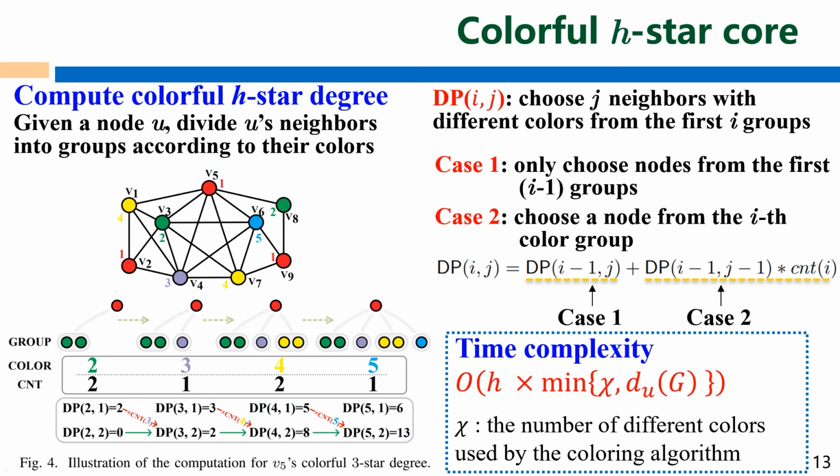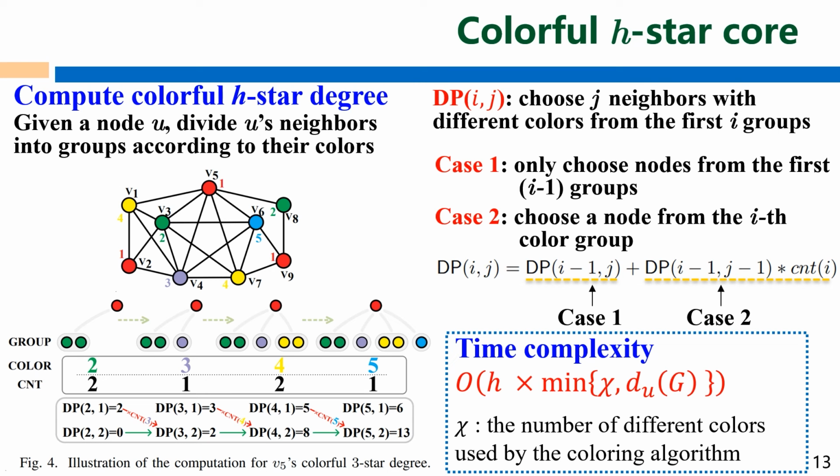Then, we define dp[i][j] as the number of ways to choose j labels with different colors from the first i groups. Note that dp[i][j] can be divided into two cases by considering whether or not to select the node from the ith color group. Then, we have this recursive DP equation.